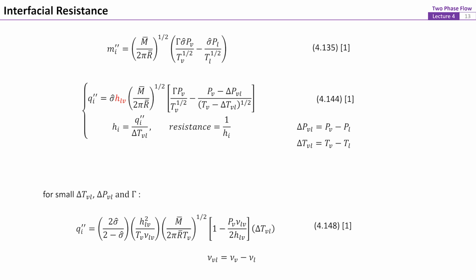Also note that equation 144 is an implicit expression since some parameters on the right side of the equation are dependent on the heat flux. A simplified explicit equation is suggested for approximation.